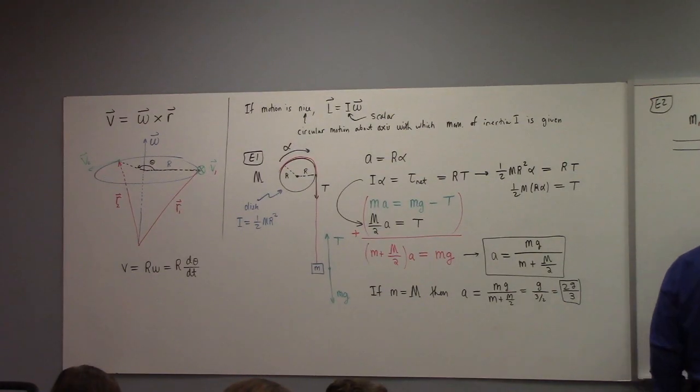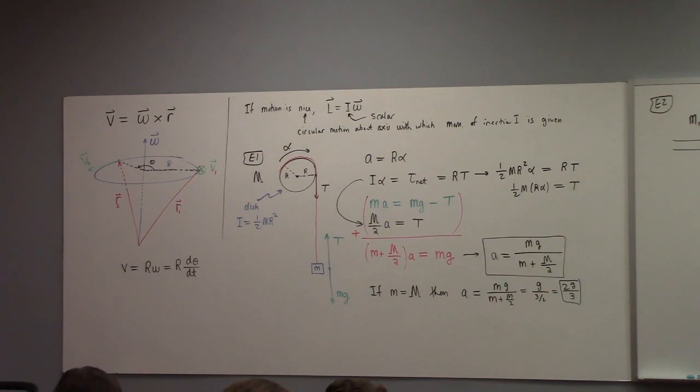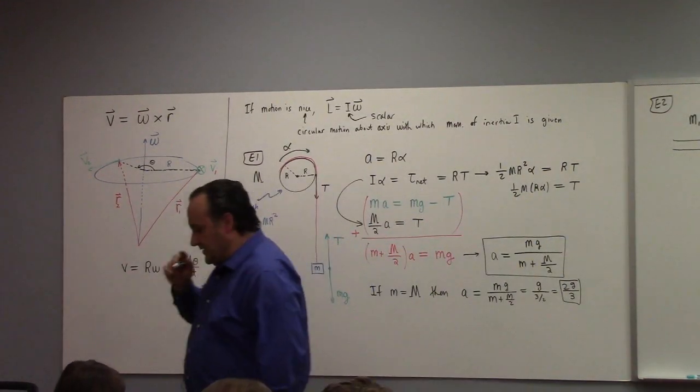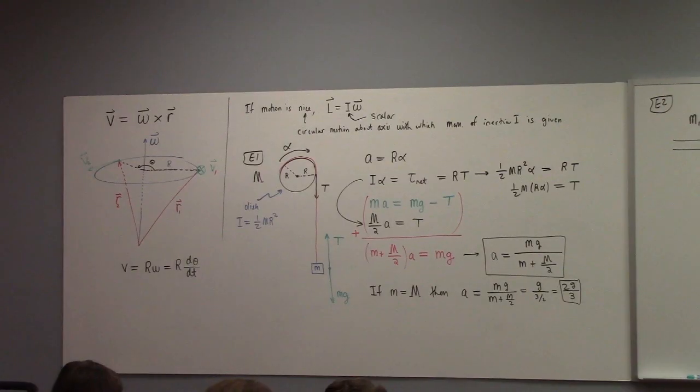All right? And we'll say that this pulley has mass big M again, right? So this time the moment of inertia will be boring. We'll say it's a disk again. So the moment of inertia of the pulley is 1/2 mr squared.